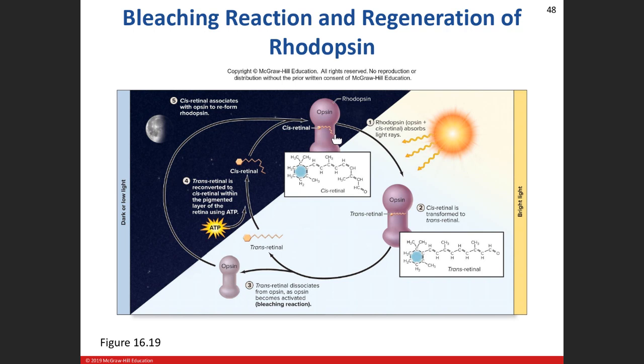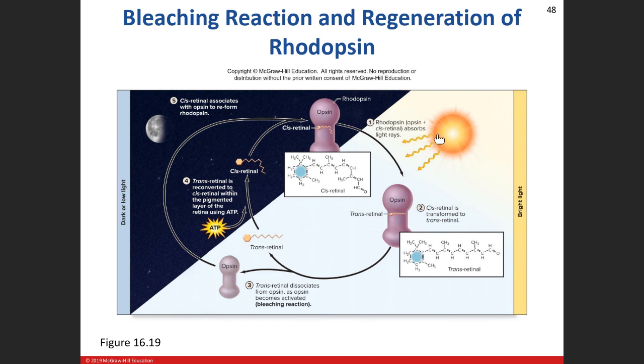So when light strikes the photopigment, it is going to convert the cis-retinal molecule into what we call the trans-retinal. Look what it did. It just straightened out that bent molecule. That's all it did.